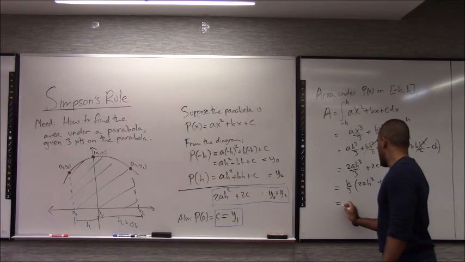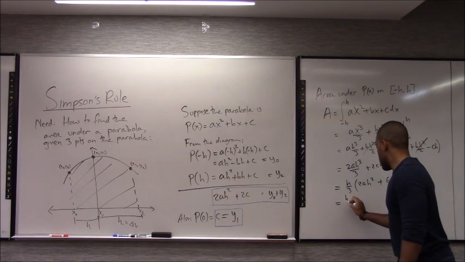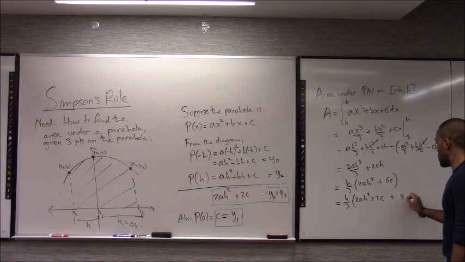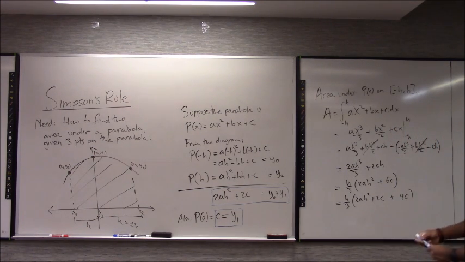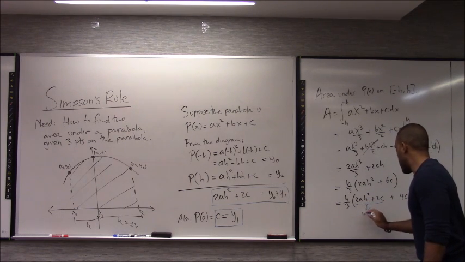And then I want to now use these two equations that I derived down here. I can break this up into 2ah squared plus 2c plus 4c. This part here is going to be my y0 plus y2.